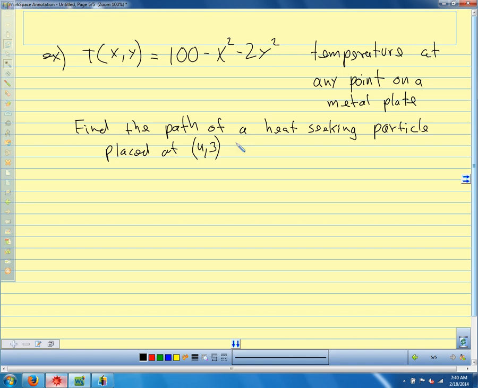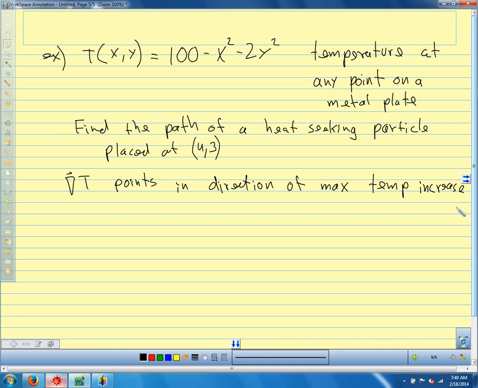So at any point, it's going to say, I want to go in the direction where the temperature is increasing the fastest. I want to get to the highest temperature. So what points in the direction of the maximum increase in temperature? The gradient points in that direction. Del T.